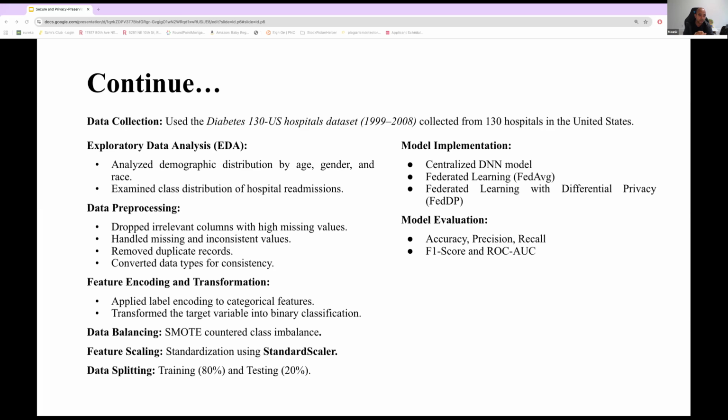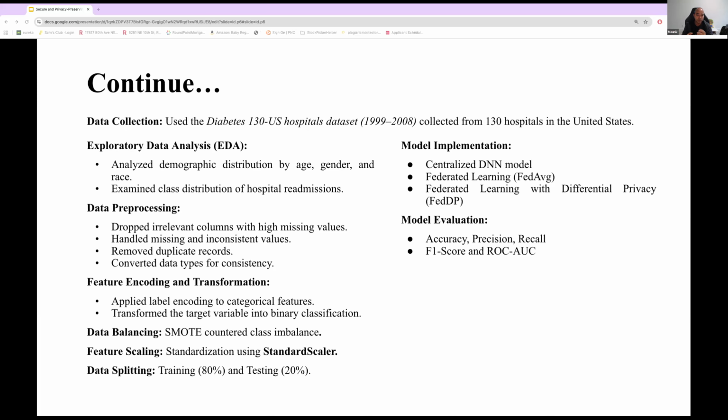This also involved dropping features with missing values, such as sometimes the weight, and some of the lab results were missing. This all reduces the dimensionality and the noise. And then we applied label encoding to categorical features and transformed the readmitted variable into a binary format for classification.